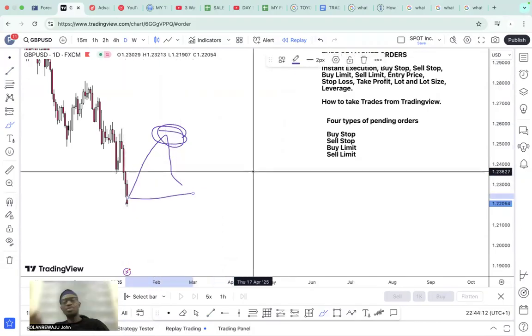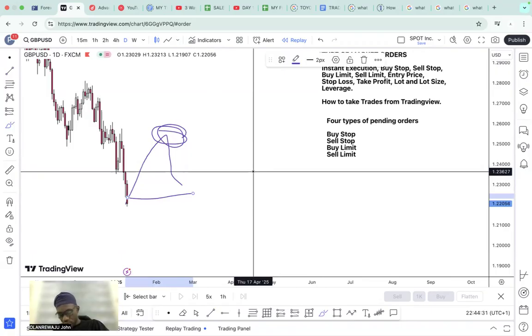You get it? So take profit is a point where you tell the market to take all the profits that you've been making. The essence of all this is to ensure that you are not on the charts all the time. You set your pending order and go about your day.